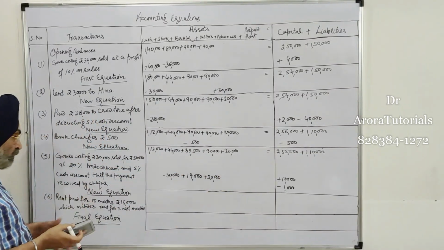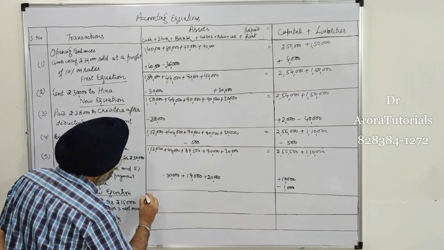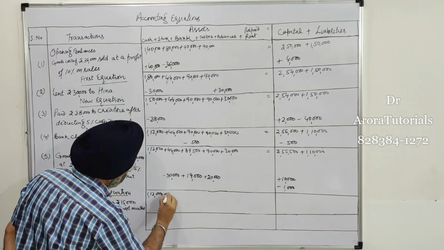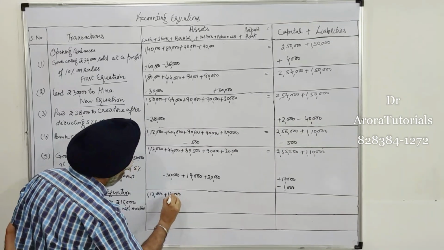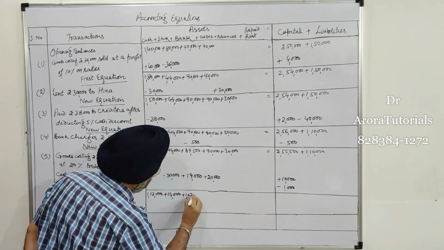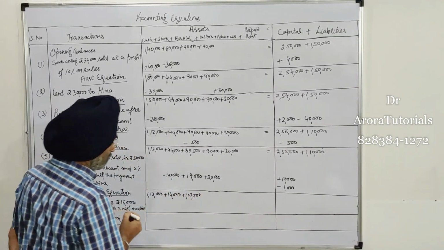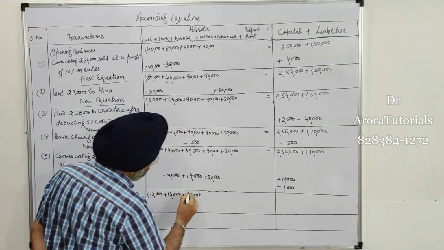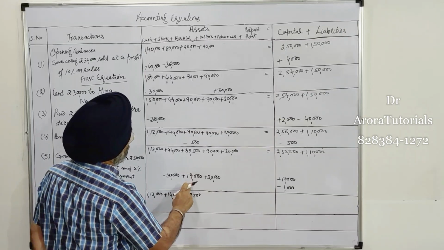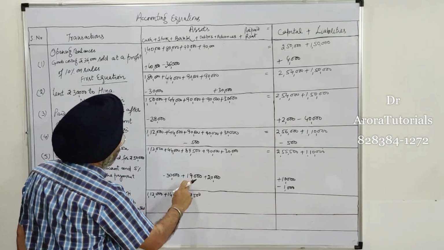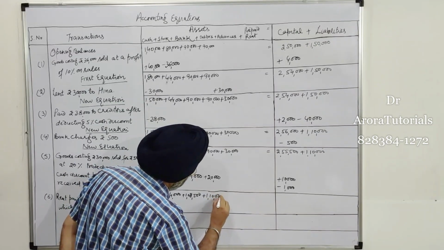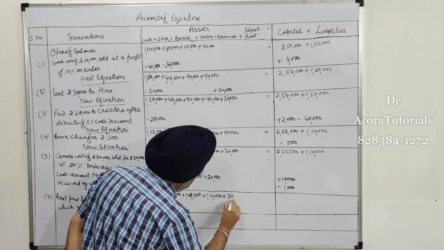So our new equation will be 1,12,000 will be cash, 14,000 will be our stock, 1,08,500 will be our bank balance, 1,10,000 will be our debtors, 30,000 will be advances.